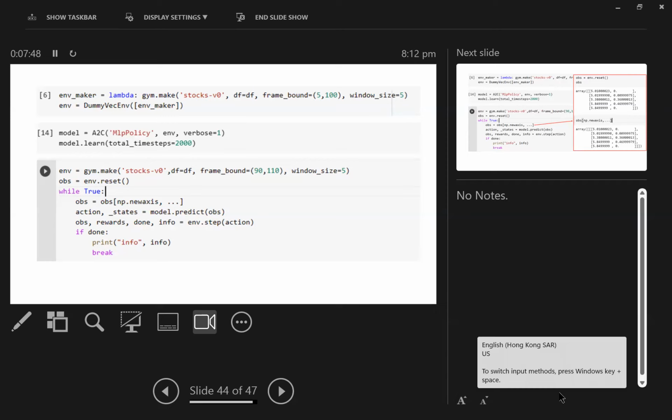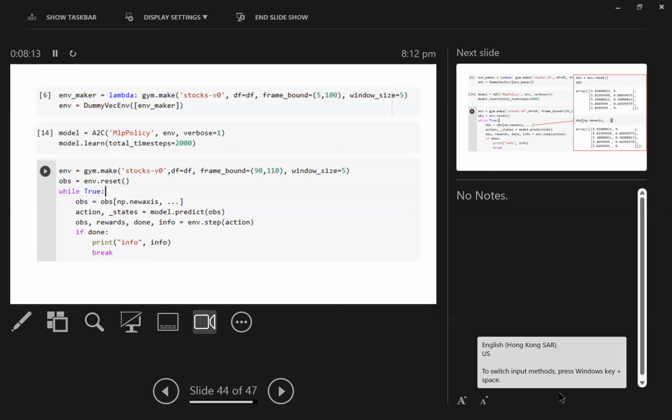Basically, it calls gym.make, which will use this stock, where to get the basic stock price, and the start and end of the trading and legal side. So this is all the basic information for the environment.